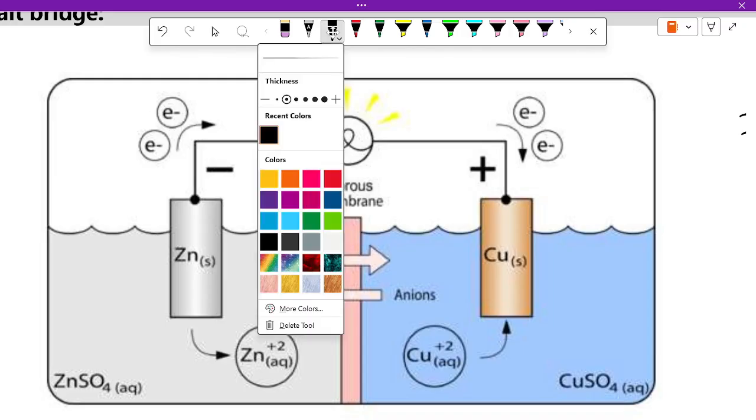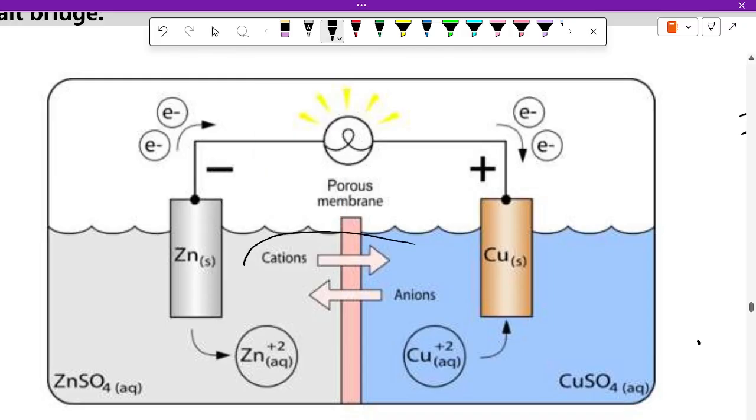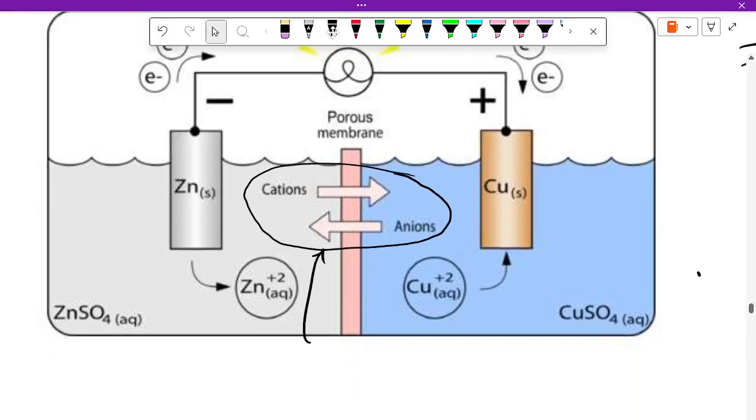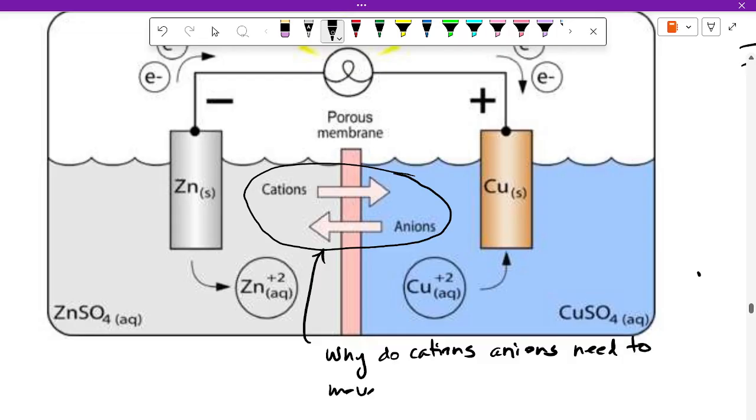Tell your partner. Why do they need to move? To maintain electrical neutrality, okay?